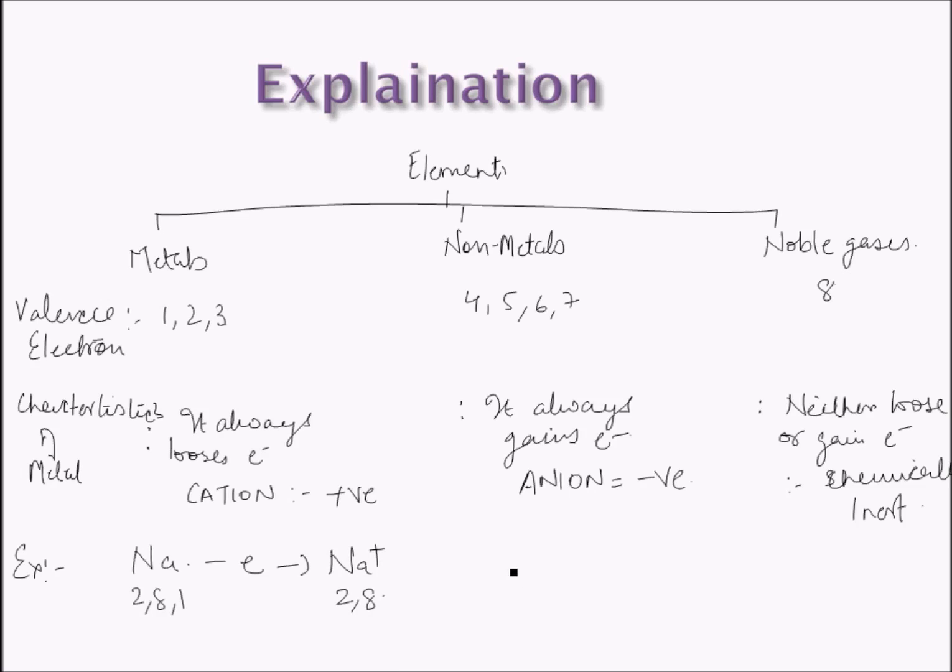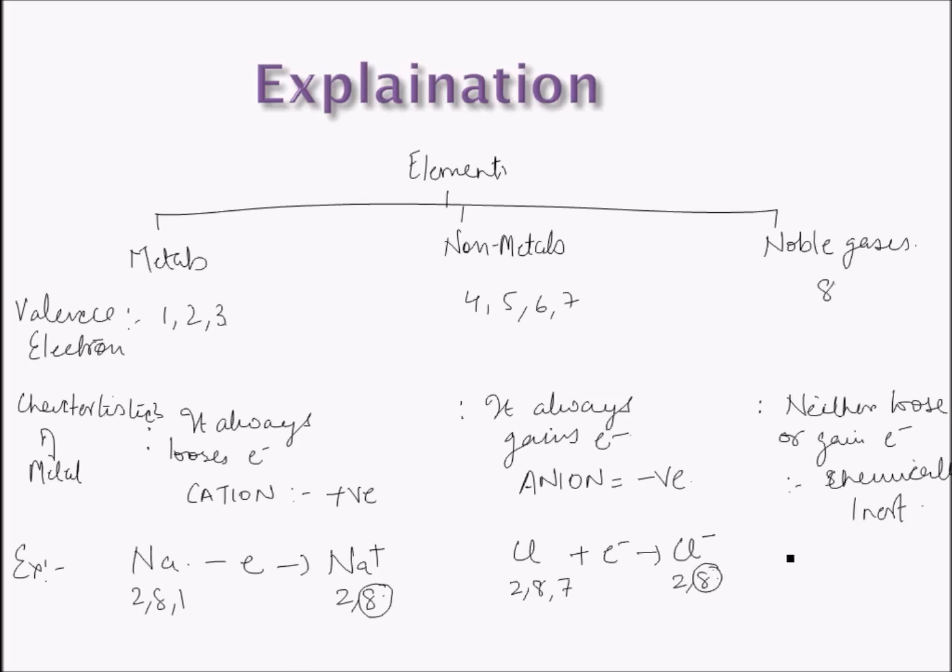Here if I take the non-metal, chlorine, with the electronic configuration 2, 8, 7, it always tries to gain an electron from the outermost shell of the other element to make the element more stable. So here you see, after gaining and losing, the outermost shell of the element has 8 electrons. That is, it applies the octet rule, the stability rule.